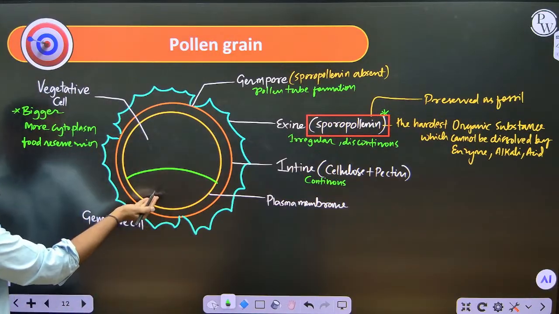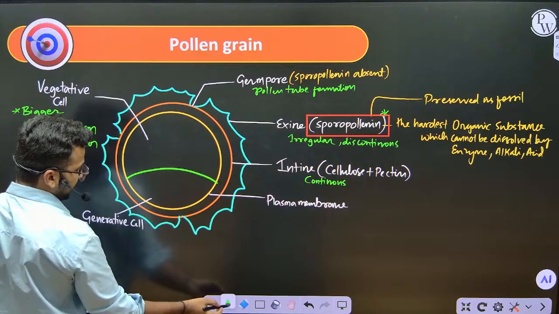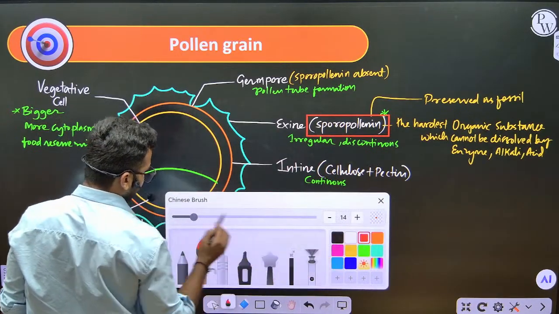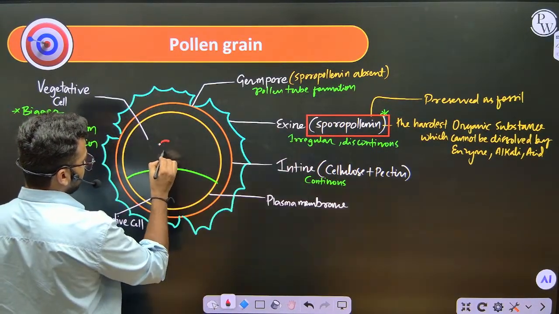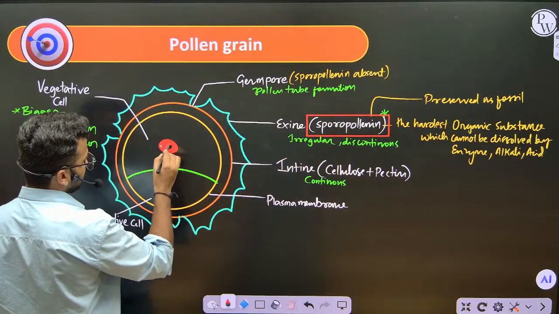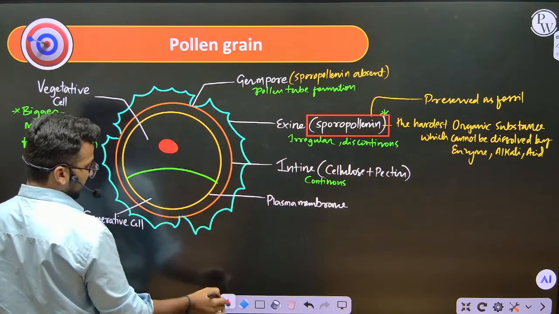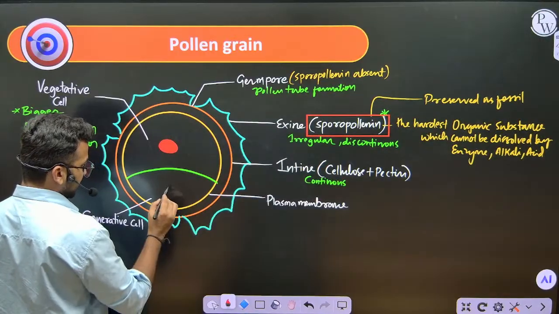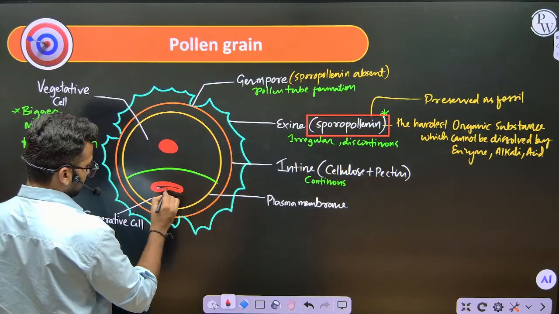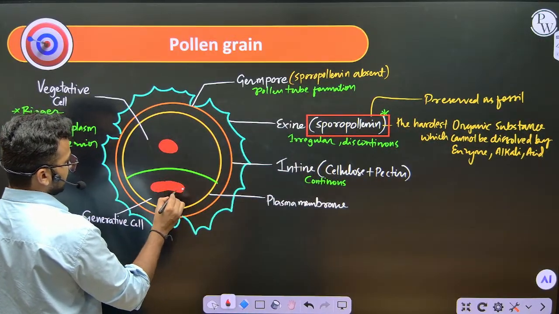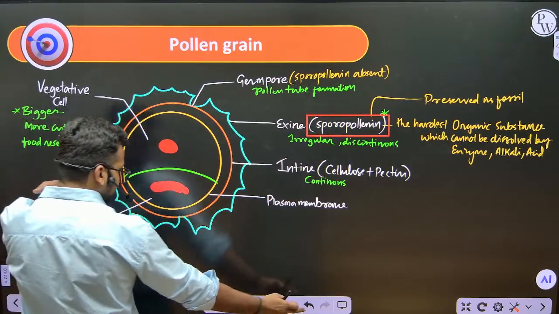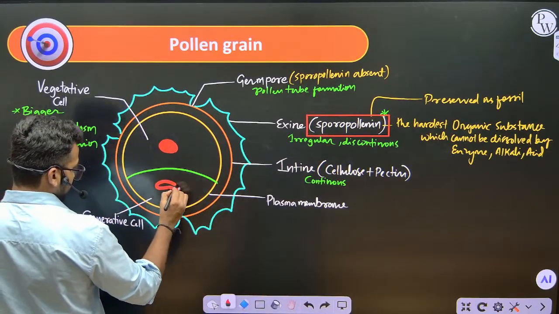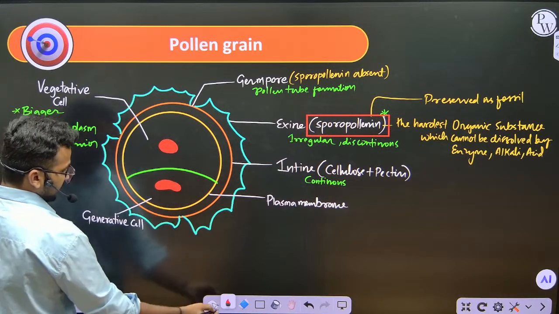The generative cell has a spindle shaped nucleus. See, this one is the vegetative cell, and the other one is the generative cell, which is having a spindle shaped nucleus.